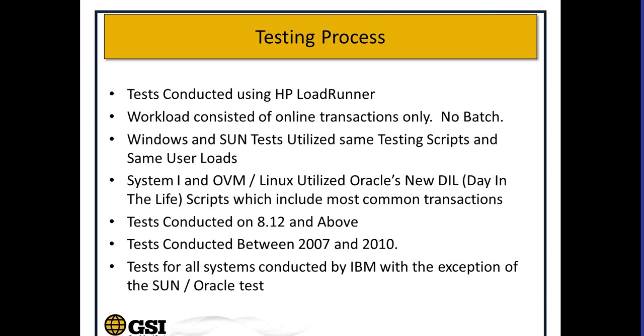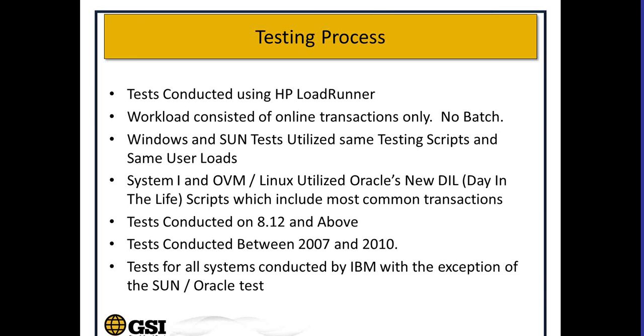The original testing scripts for the first two platforms, the Windows and Sun tests, were originally run using Oracle's original scripts. They didn't call them the day in the life scripts. That's what they call them now. But they're very similar.